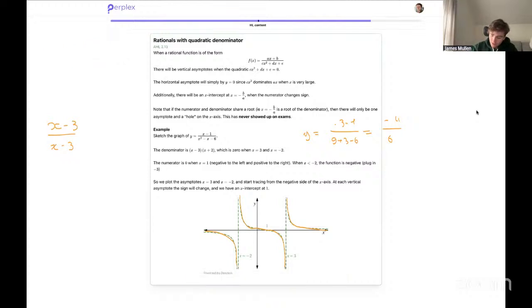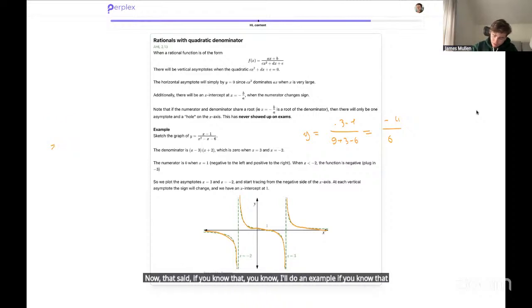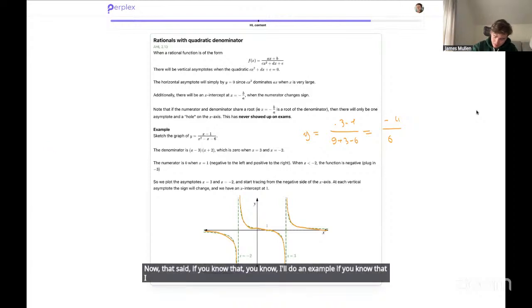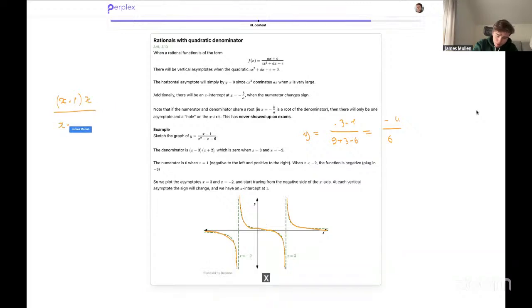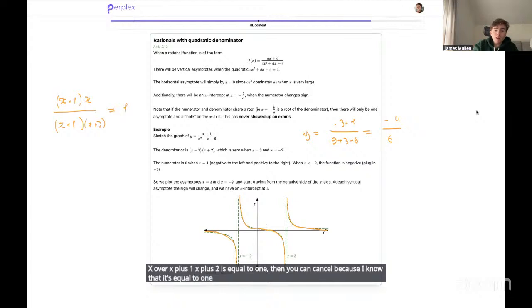Now, that said, I'll do an example. If you know that x plus 1, x over x plus 1, x plus 2 is equal to 1, then you can cancel because I know that it's equal to 1. And if x was equal to minus 1, then the things would be undefined anyways, so it couldn't be equal to 1.